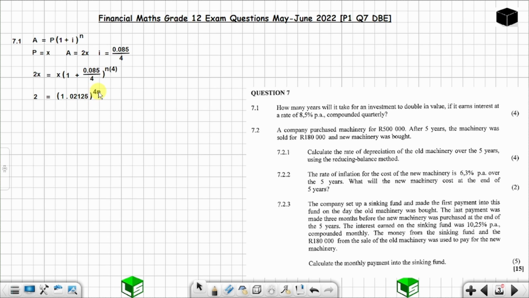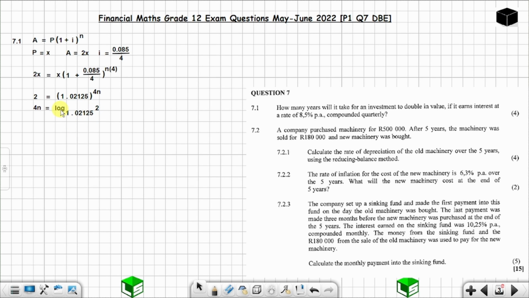You have 4n as the exponent. What you can do is introduce log on both sides, or you can go straight away. The exponent is equal to log of whatever you have on the other side, and what was written as a base, you write as a base.